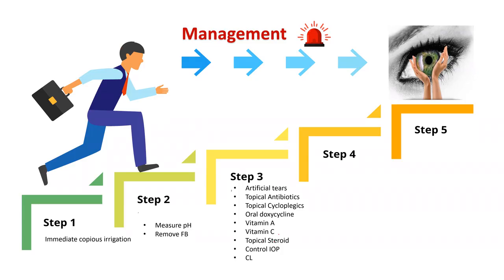Vitamin A for the corneal epithelium, vitamin C for the corneal stroma. Topical steroids will decrease the inflammation. You can argue that topical steroids can increase the melting, and actually yes, it can be correct, but for those patients we have a more important concern, which is the severe inflammation.